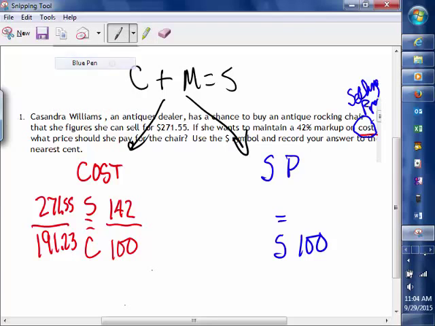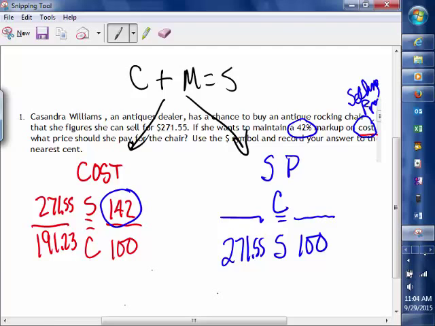In this case, though, she figures she can sell it for $271.55. We want to know the cost if it's a 42% markup. This is a percent of the unknown number because over here it was 142.